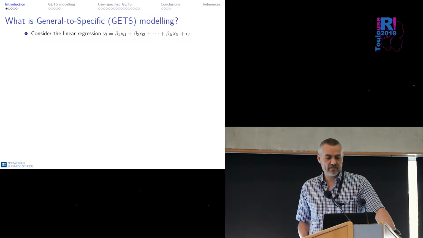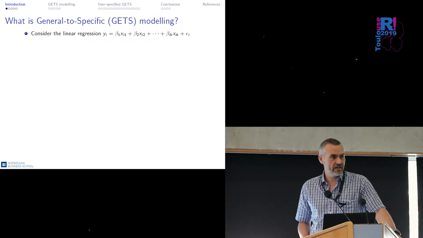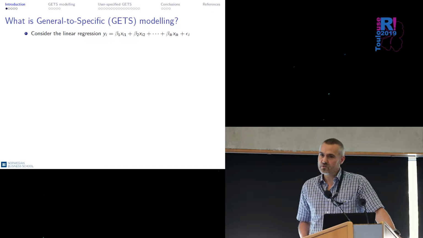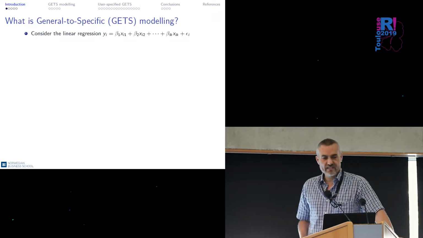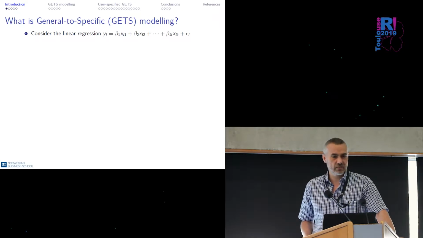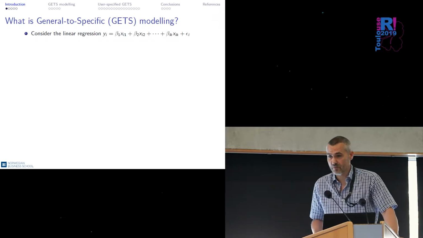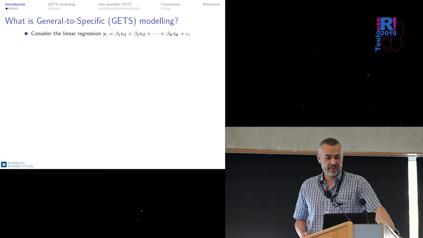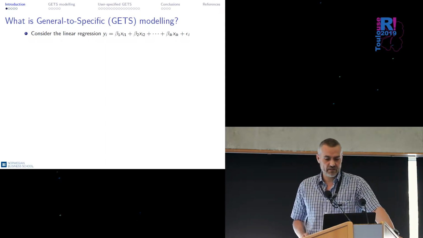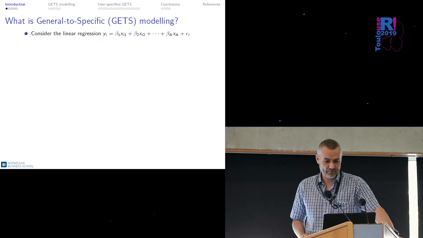Let me try to explain that in terms of linear regression, but let me also hasten to add that Gets modeling is not limited to linear regression. In fact, that's one of the main motivations behind the idea of providing user-specified Gets modeling.